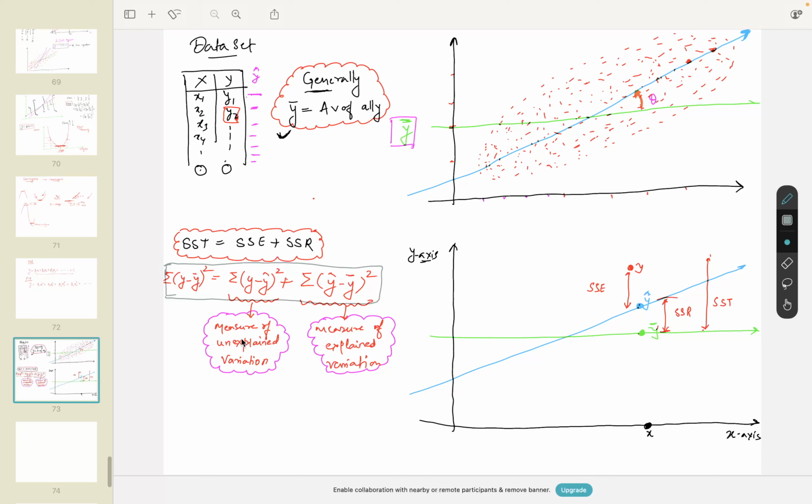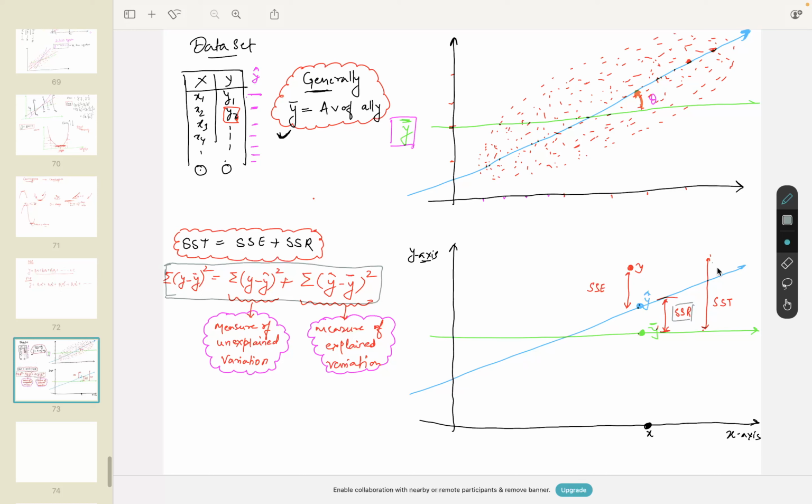Okay, see. This is sum of square of error, right? Unexplained, and this is explainable. See, this sum of square of error, whatever we have got, it is explainable. Why? Because this was a total error before, when we didn't have any linear regression model.